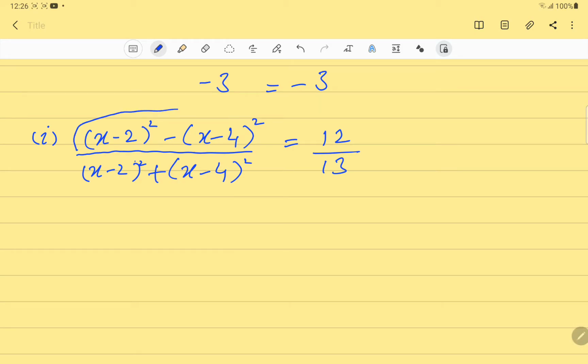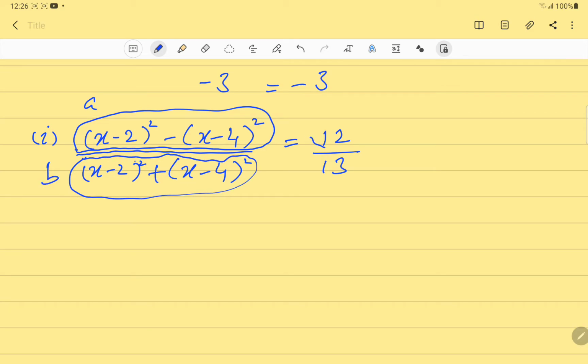Our this part is actually A, this one is B, this is C and this is D.